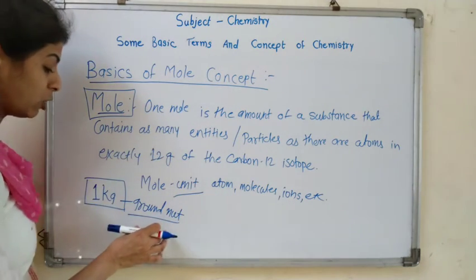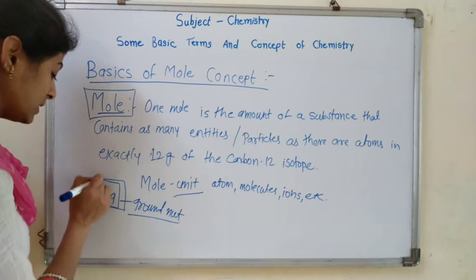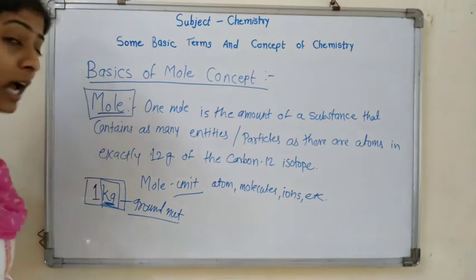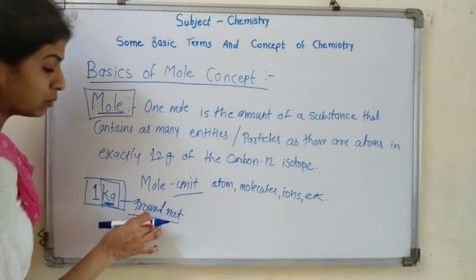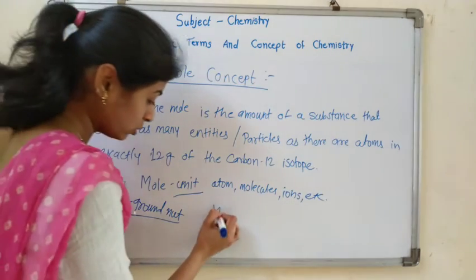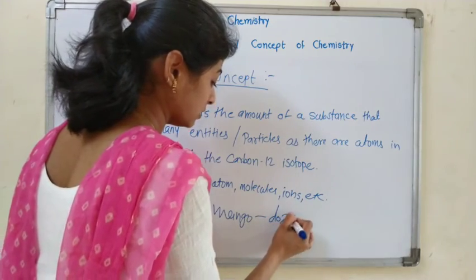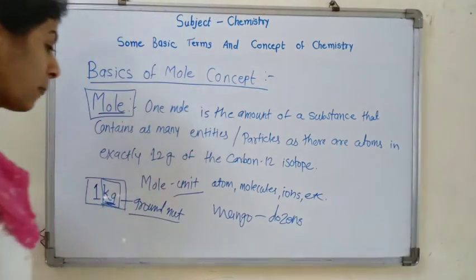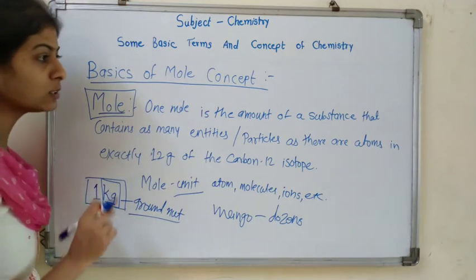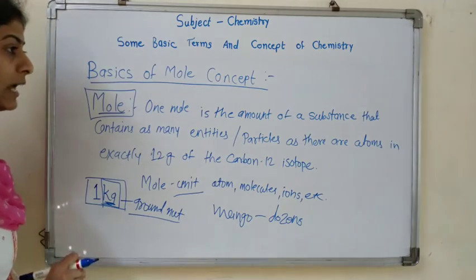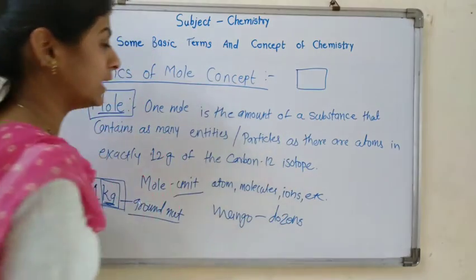We are counting or expressing the quantity of groundnut in kg. It means that kg, kilogram, is the unit for counting the amount of groundnut. Same in the case of mango, we count it in dozen.